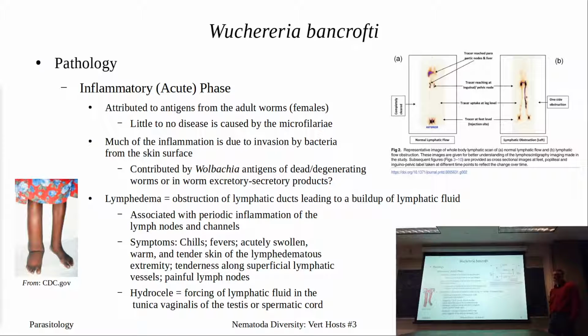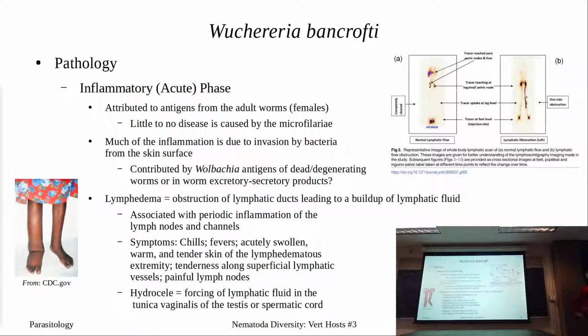The reason we get the inflammation is because of the antigens attributed to the adult worms. So the female's releasing some waste or whatever, all right? We'll also have some inflammation due to the invasion by bacteria on the skin surface, but it's also thought that the Wolbachia that lives inside of this worm is also generating some of this inflammatory response too.